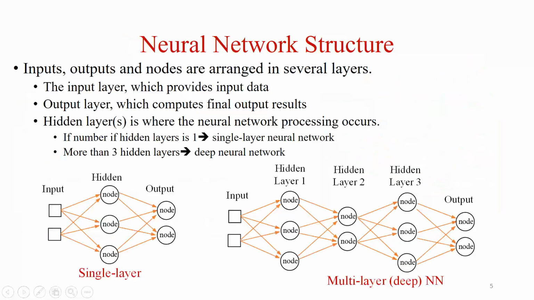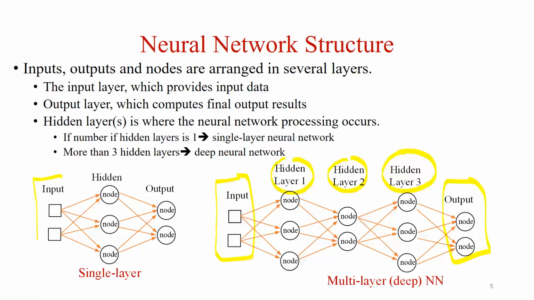If we have more than one hidden layer, like in this case, then we have a multi-layer neural network. You can see the same structure here: input, output. These are very common as a single layer. But in this case, instead of one hidden layer, we have multiple hidden layers.